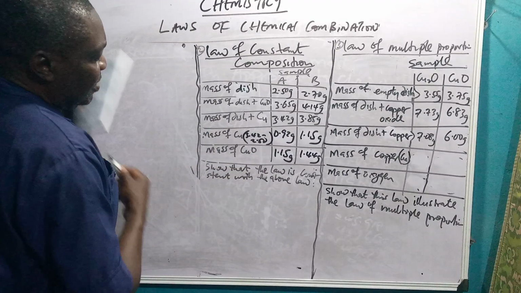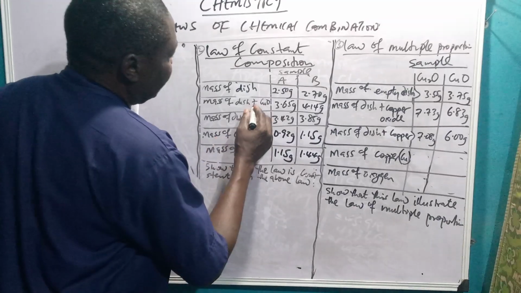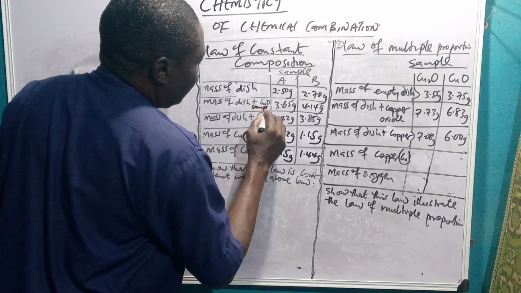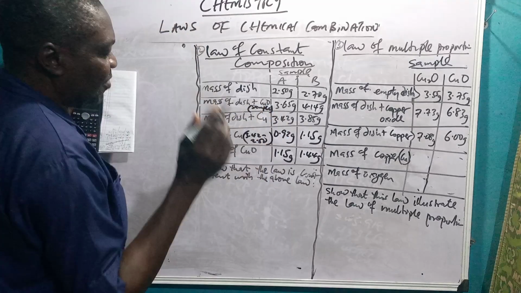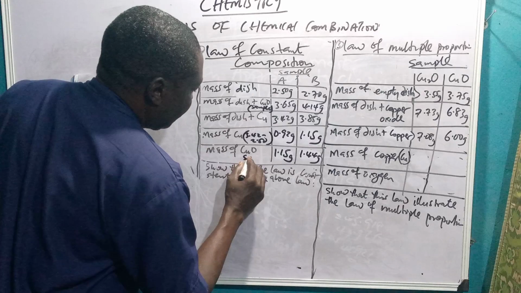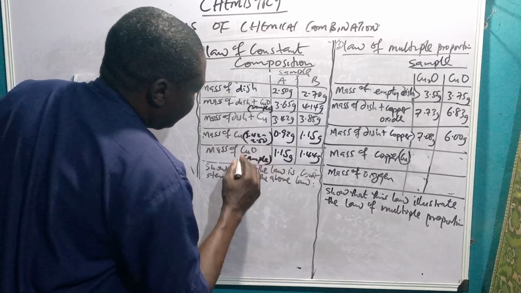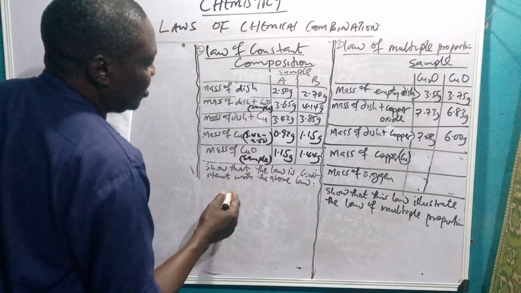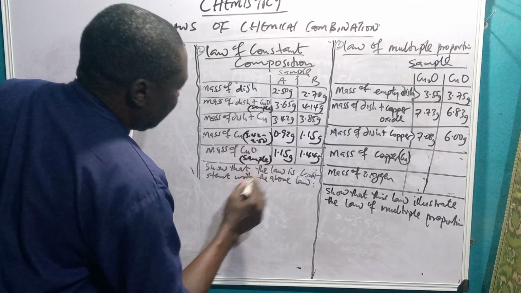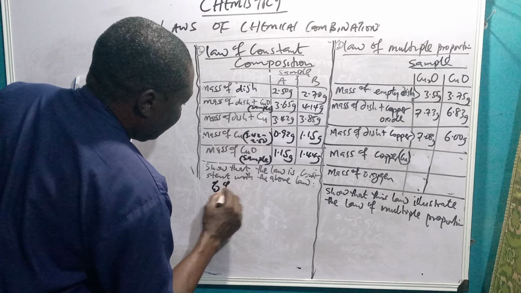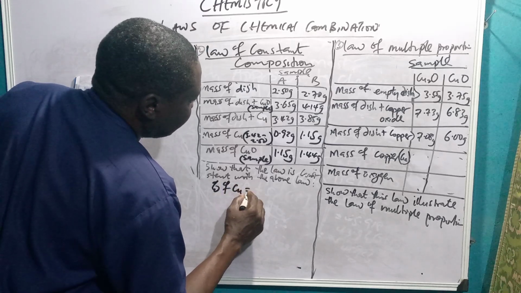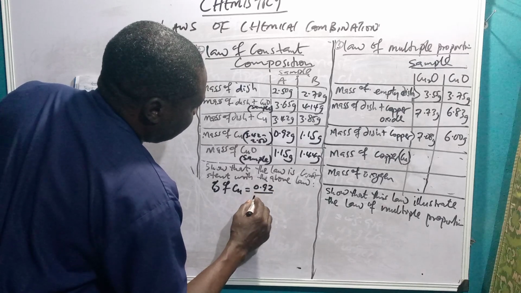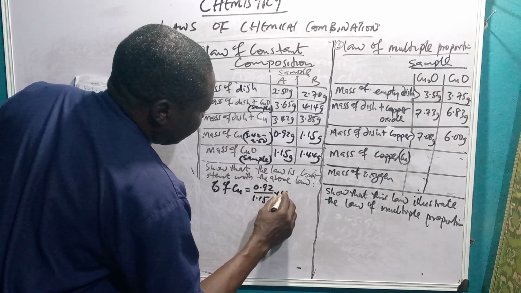In your exam, what they normally say, they will tell you mass of dish plus sample, at least that's exactly what they used in the previous exam, and then mass of sample. You see it, the sample contains copper and the oxide in it, so copper 2 oxide. So you now say the percentage of copper in the sample is 0.92 over 1.15 times 100 over 1.